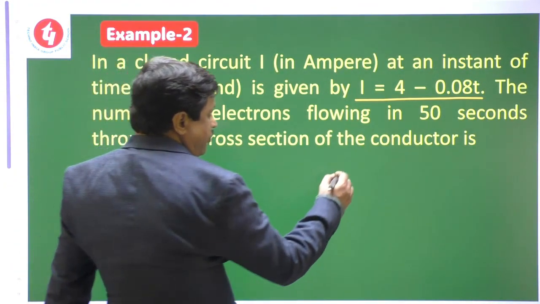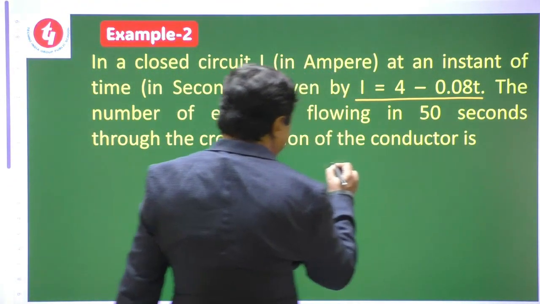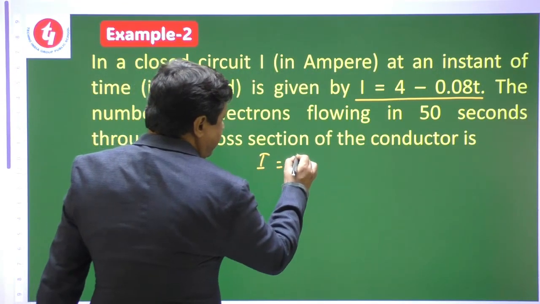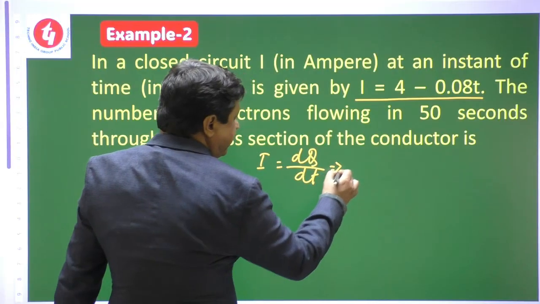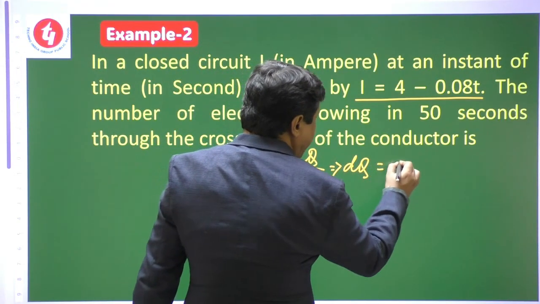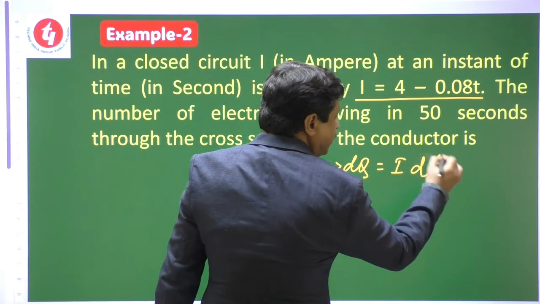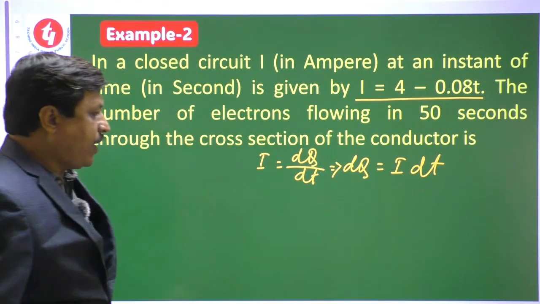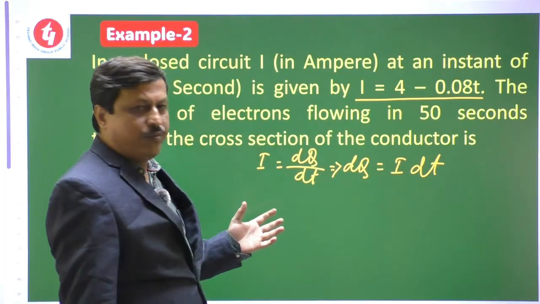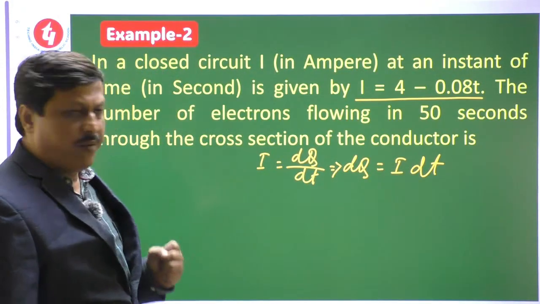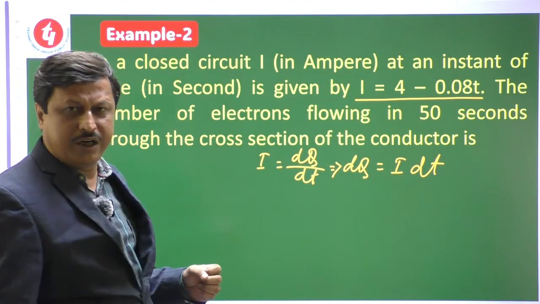In this case, I is given as a function of time, and you have to find the charge. As I = dq/dt, we can write dq = I dt. If we find the amount of charge flowing through the conductor, then you may calculate the number of electrons flowing through the conductor.